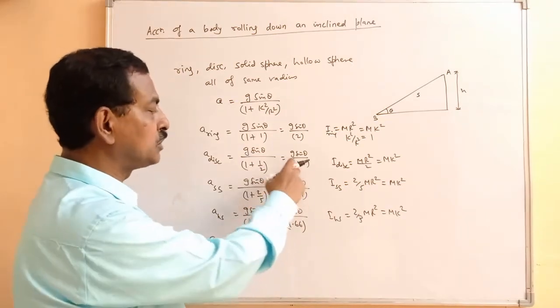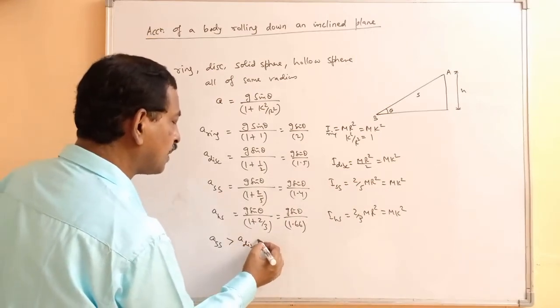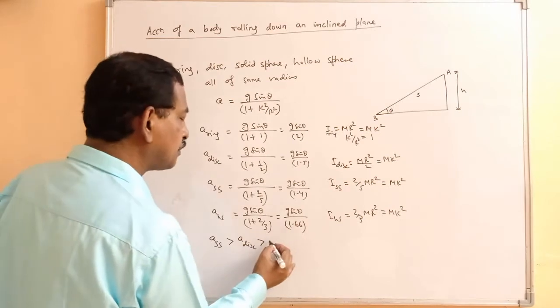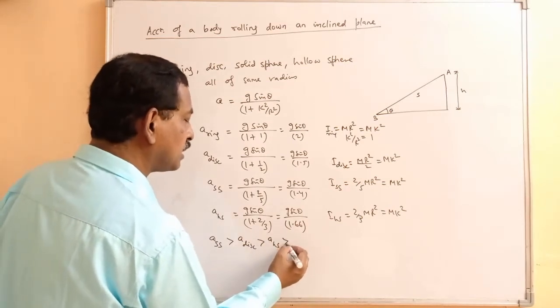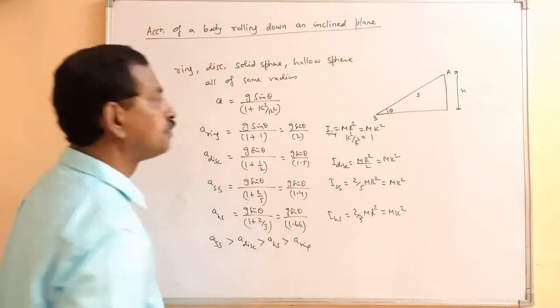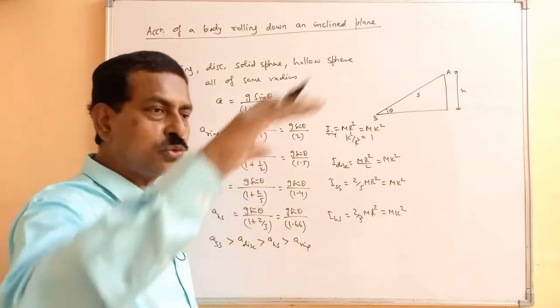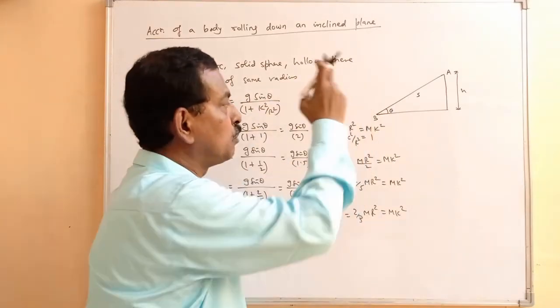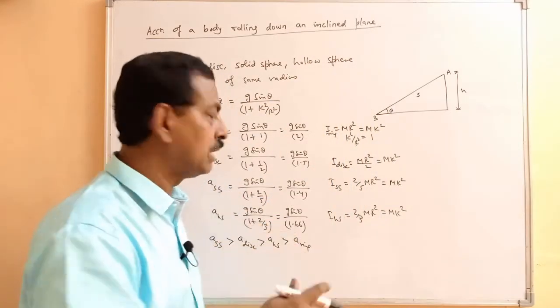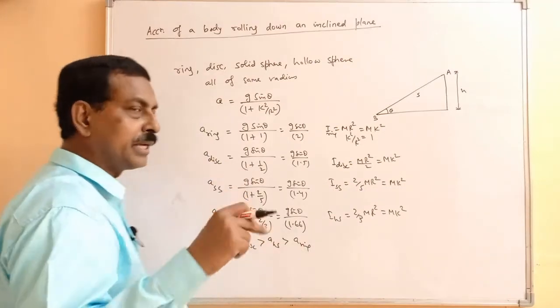Then it is 1.5, so it is the disc. Then it is the hollow sphere. Then it is the ring. That means if I take the time taken to reach the point B at the bottom, it will be inversely related.